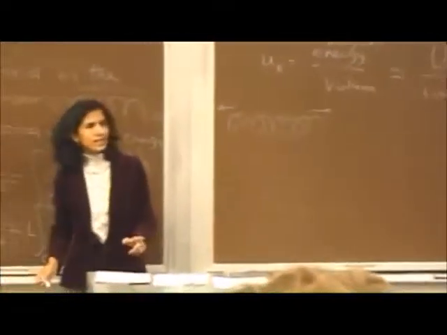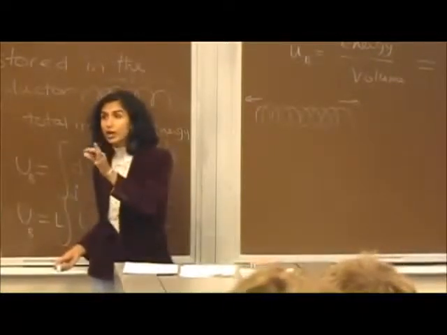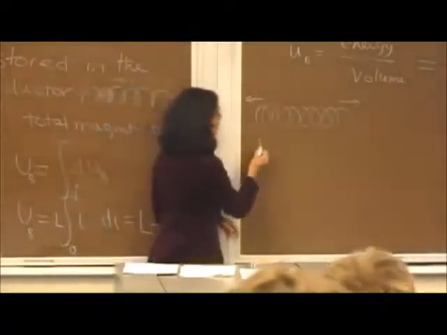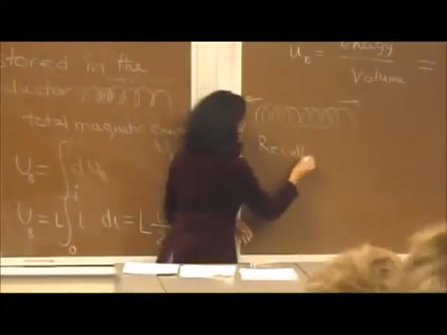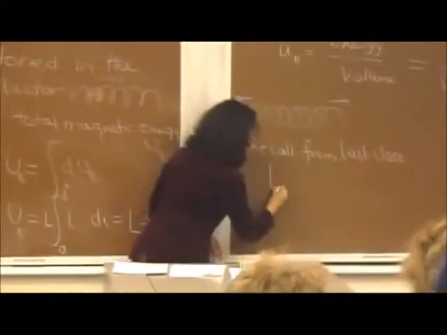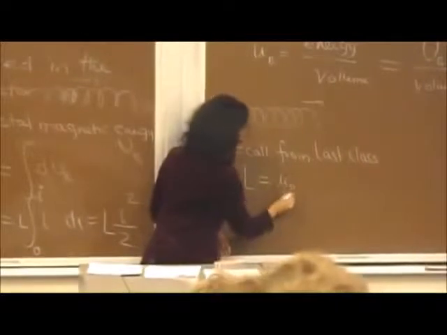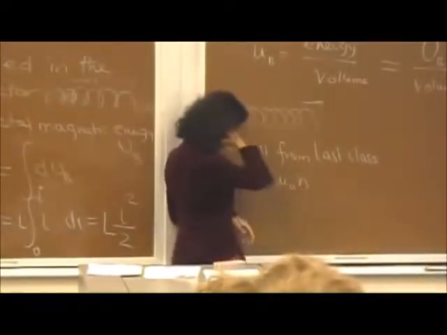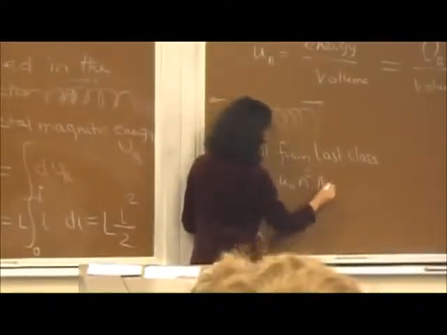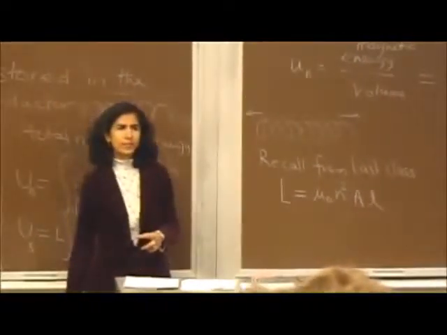First of all, do you remember last time I already calculated for you the self-inductance L of a solenoid? If you recall from last class, I showed you that L was equal to mu 0 n square A times l. Do you remember this?